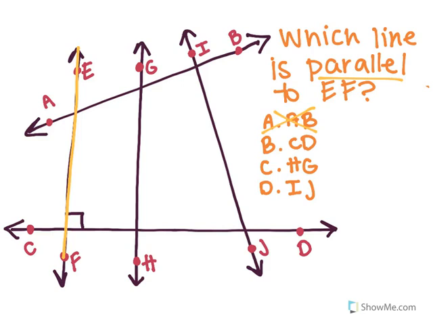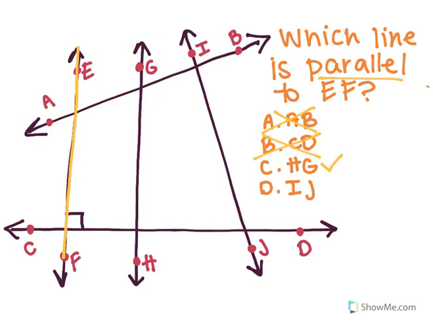What about CD? Nope, it touched right here, so it can't be that one. What about HG? I think that one could possibly be it, but I'm going to check IJ just in case.